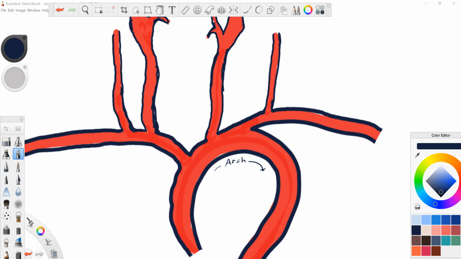All right, so I was saying the vast majority of people, well, it is normal anatomy, have the innominate, also called brachiocephalic arteries.